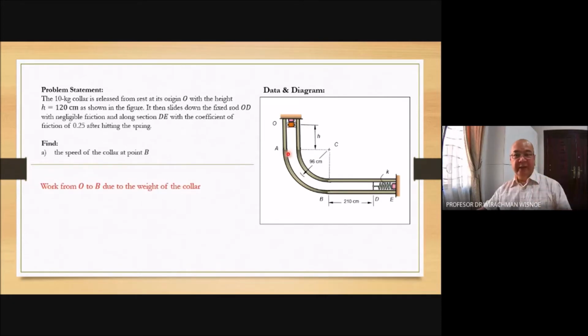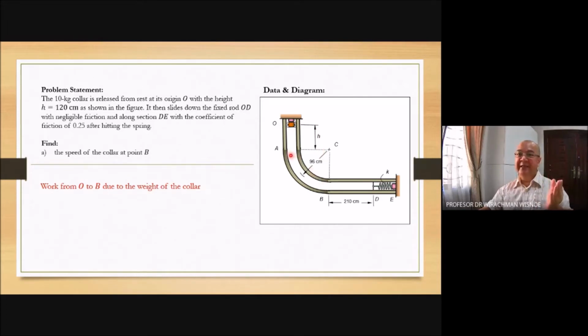So we have the weight. The weight is always vertical downward. The weight will lead this collar to move vertically and then follow this curve. In terms of displacement, parallel to the direction of force is only h plus this radius, 96 centimeter.